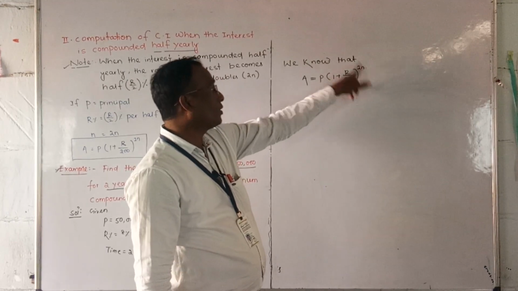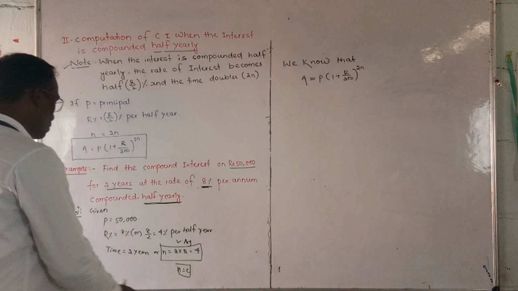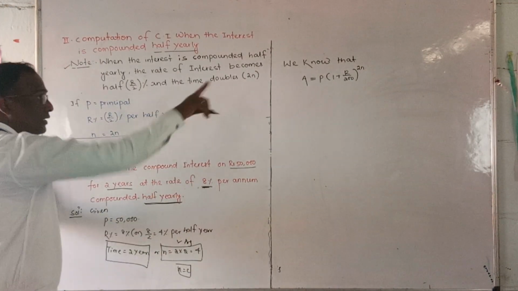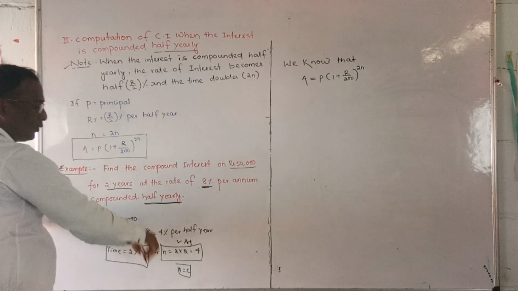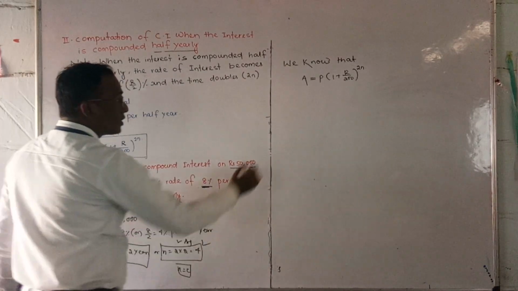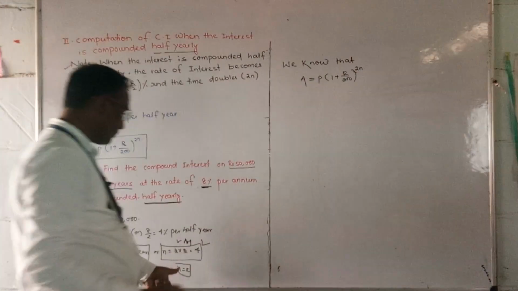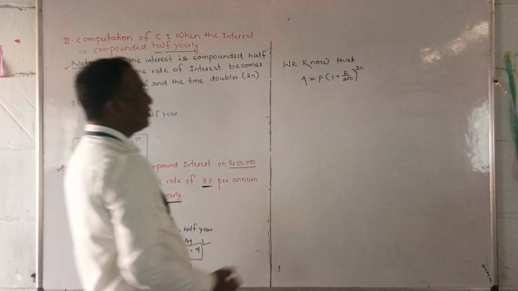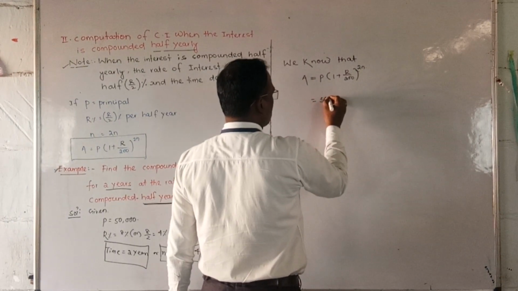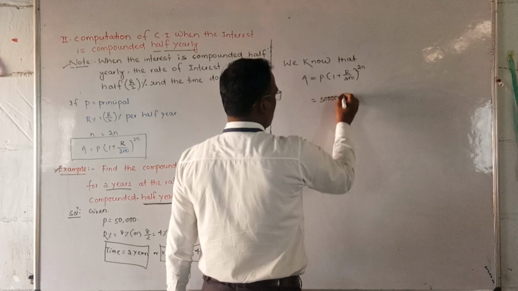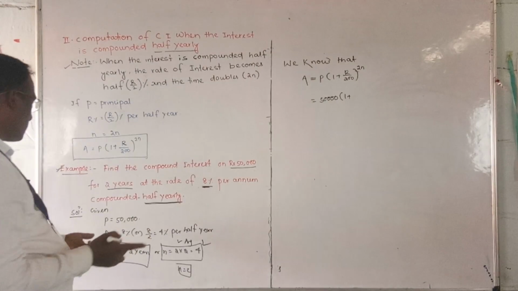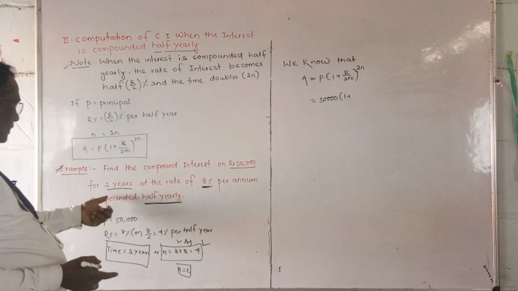Now we can put the principal 50,000, 1 plus the rate of interest, R by 2. If you write R as 4%, then you have to write 4 by 100 whole power 4.